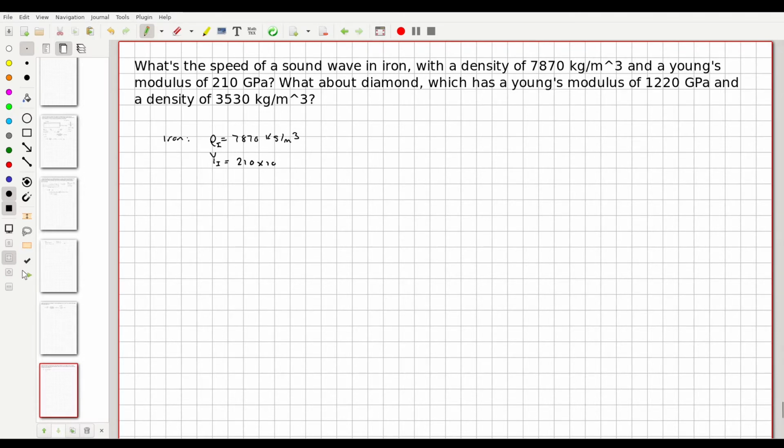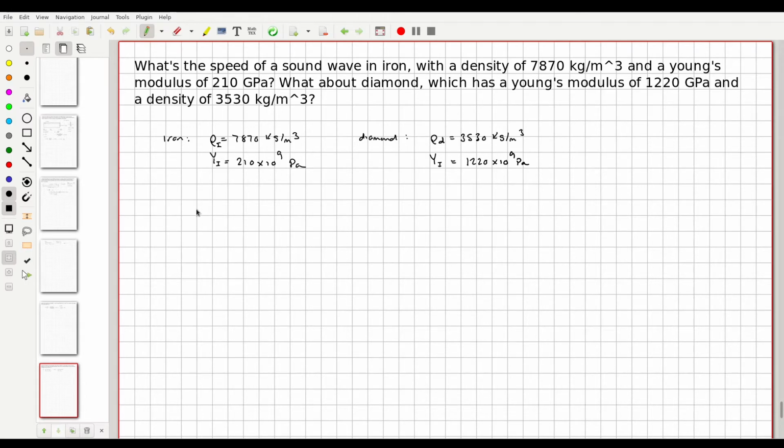That's times 10 to the ninth pascals. For diamond, we have a density of 3,530 kilograms per cubic meter. But we also have a Young's modulus that's incredibly high, of 1,220 times 10 to the ninth pascals.